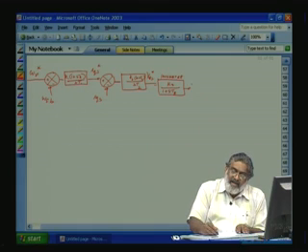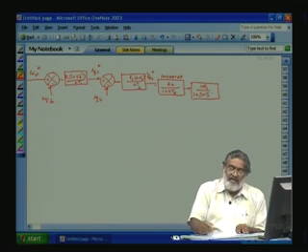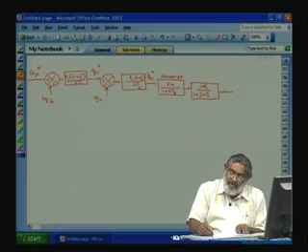The machine again will be same like a separately excited DC motor, 1 by RS divided by 1 plus S leakage inductance time constant, that is S sigma TS, we will put it. This will give the output IQS.